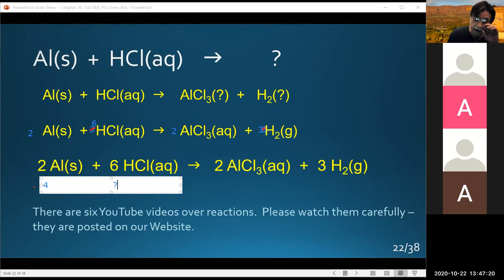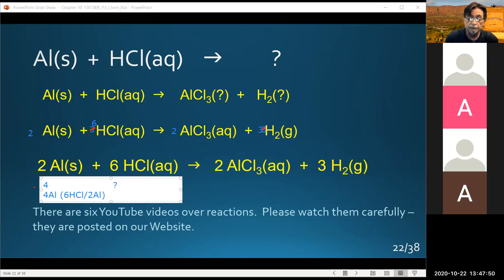Got it. Okay. That ratio, that number we just used, we're going to start setting them up with ratios. If I start off with 4 aluminums, and the question is how many HCl's I need, well, from the balanced chemical equation, I know that there are 6 HCl's per 2 aluminums.